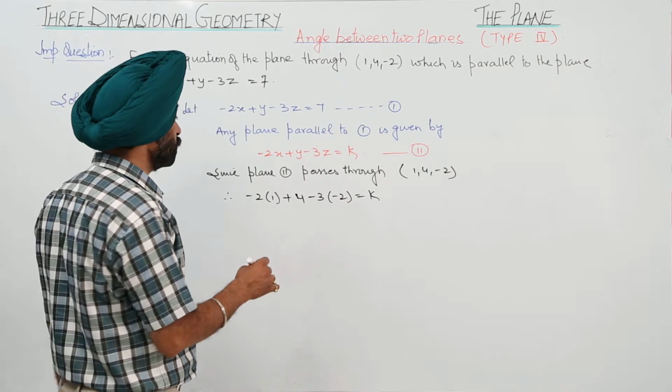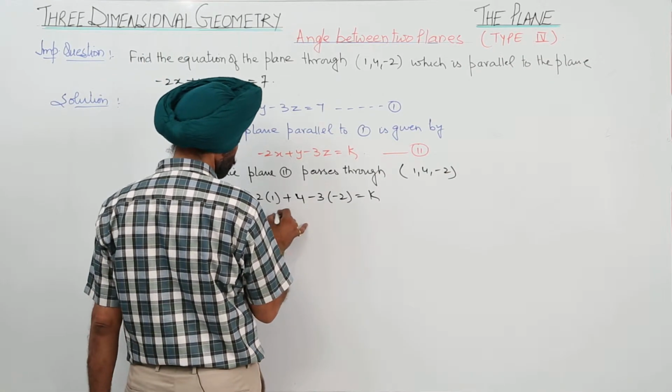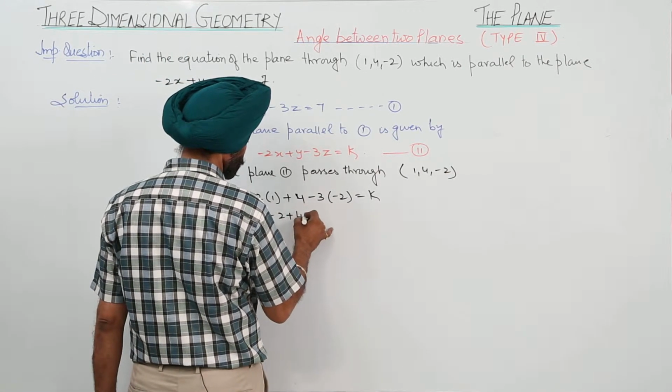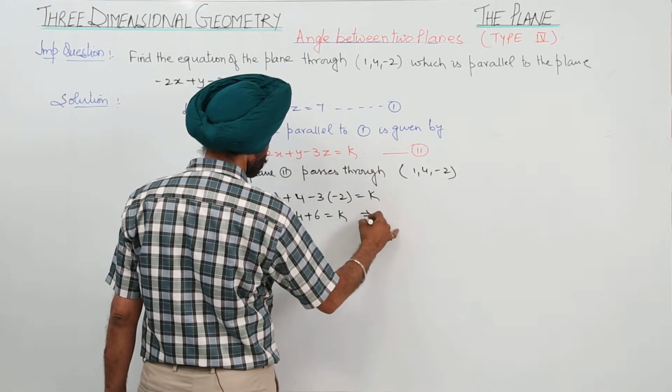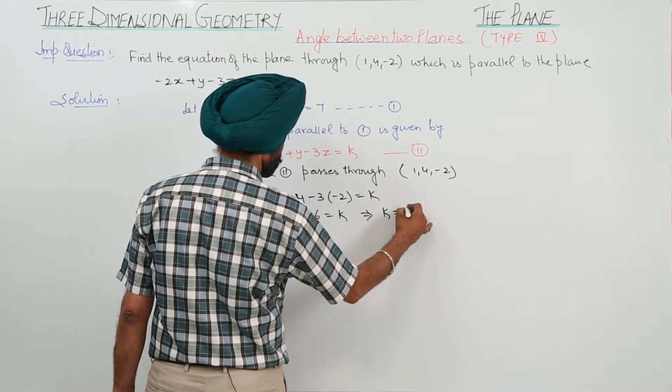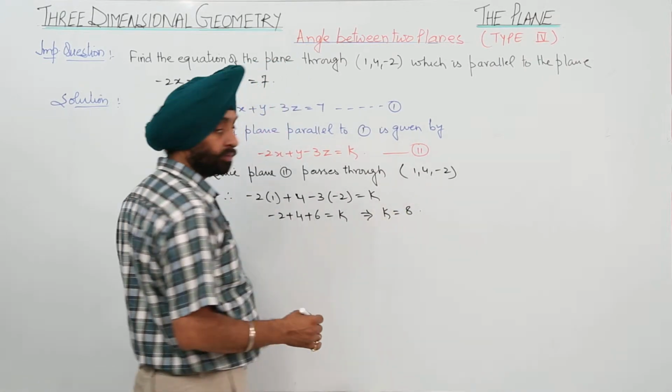Substituting in equation 2, this becomes -2 + 4 + 6 = k, and this implies k = 8.